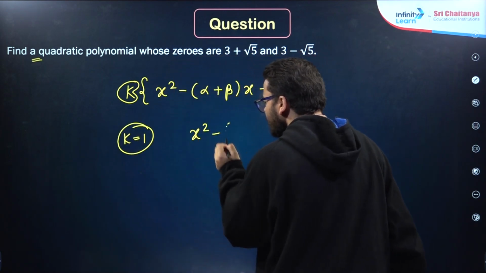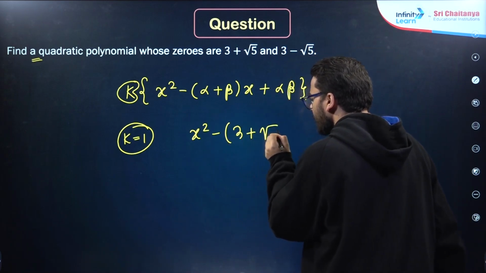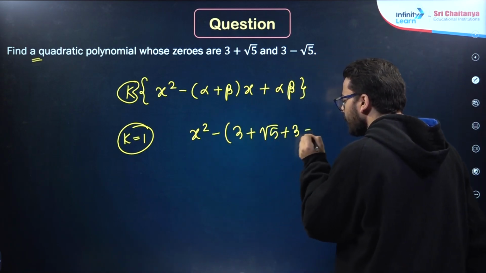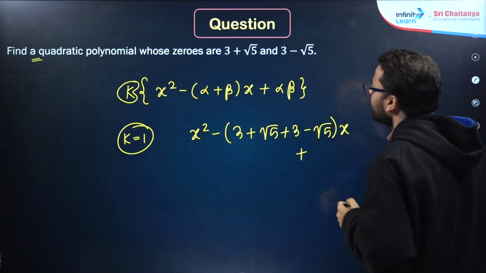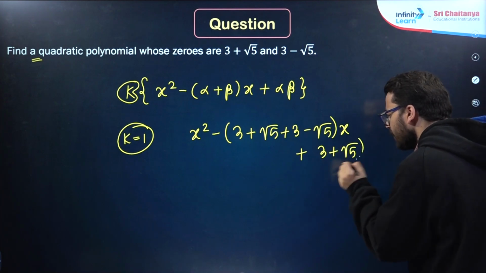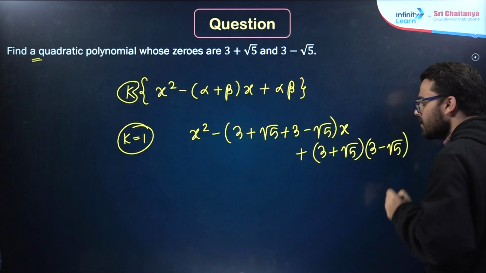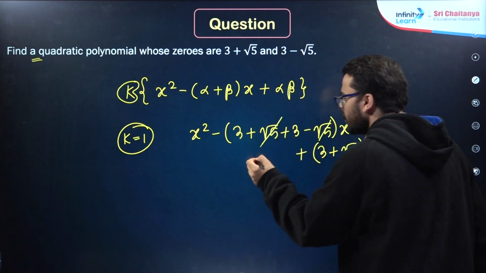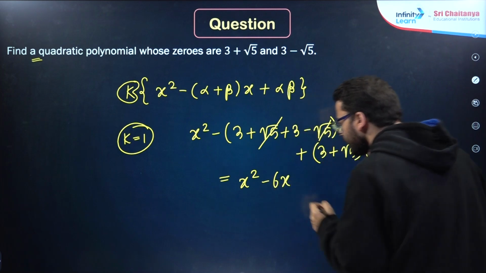X square minus sum of zeros into x plus product of zeros. So 3 plus root 5 multiplied by 3 minus root 5. So you see, this will be cancelled out. So from here, this will give you x square minus 6x.